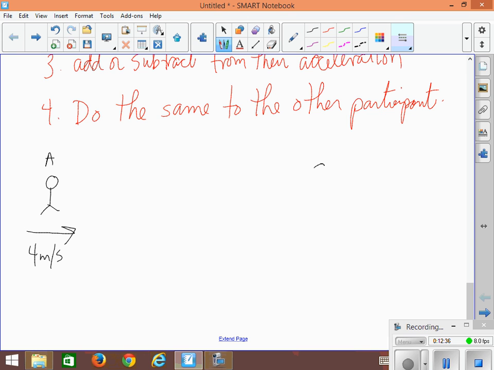And then let's say person B isn't running at a constant speed. Let's say person B is walking at an initial speed of 1 meter per second, but then also is going to accelerate. So his initial speed is 1 meter per second, but he's going to accelerate at 0.5 meters per second squared.